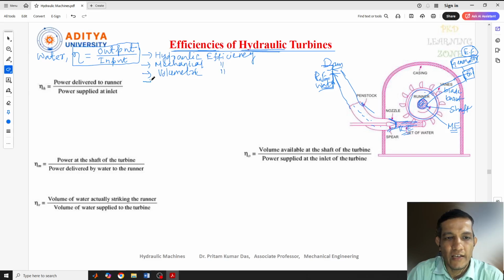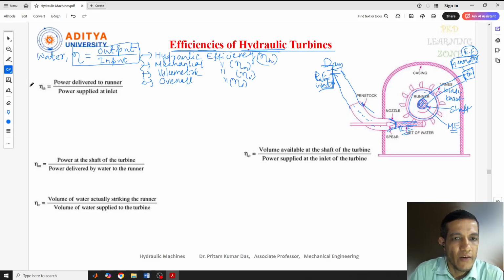And the last one is overall efficiency. All these four we are going to discuss here. The hydraulic efficiency is denoted by eta H, mechanical efficiency by eta m, volumetric efficiency by eta V, and overall efficiency by eta O. These are the notations for all these efficiencies.